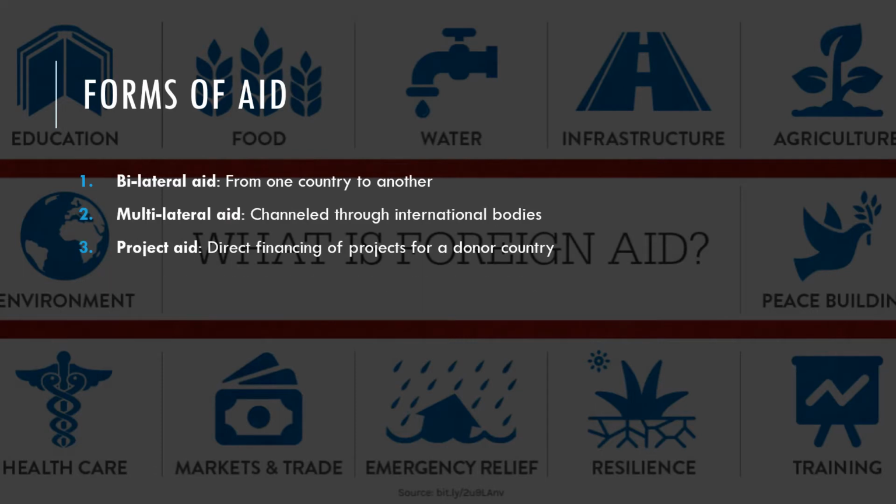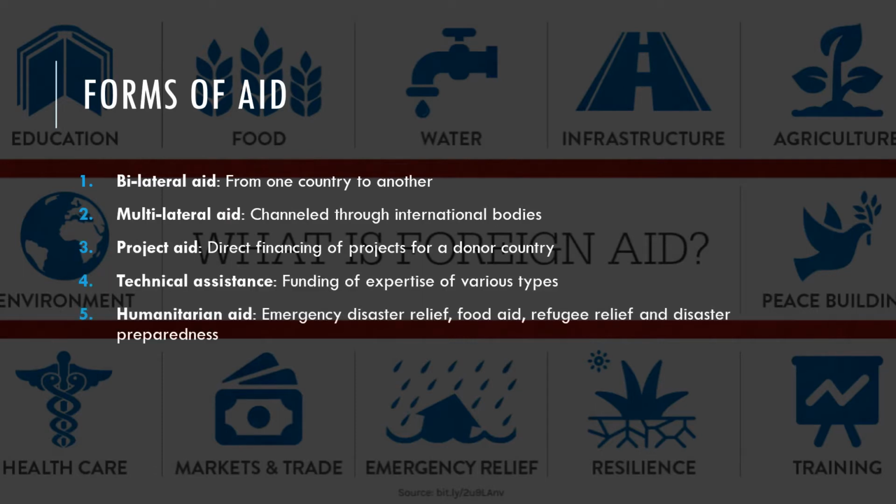There are many forms that aid might take. So bilateral aid is straight from one country's government to another. It might be multilateral through some international organizations. It might be specifically for a particular project, or provide technical assistance. Maybe aid we most traditionally think about is humanitarian, so some sort of disaster or a famine.